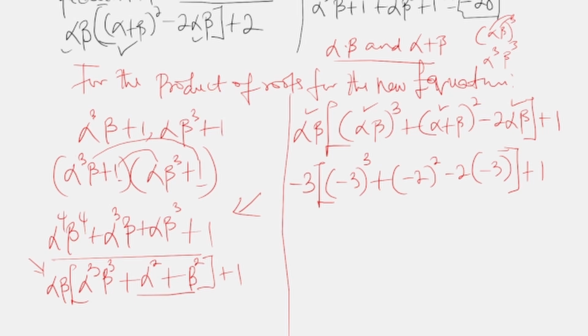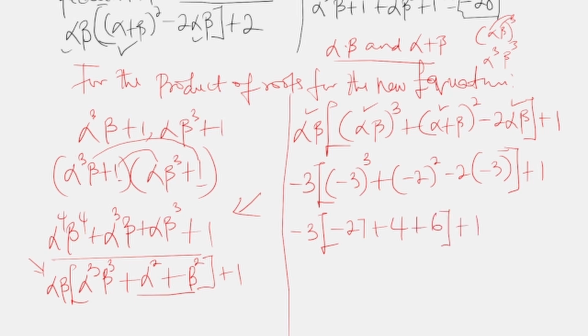Now let's continue. Let's simplify what's inside the bracket before we can go ahead and multiply with what's outside. We have a -3. Now -3 cubed will give you a -27, plus -2 squared will give you a 4, and then -2 times -3 is a +6, plus 1, right?